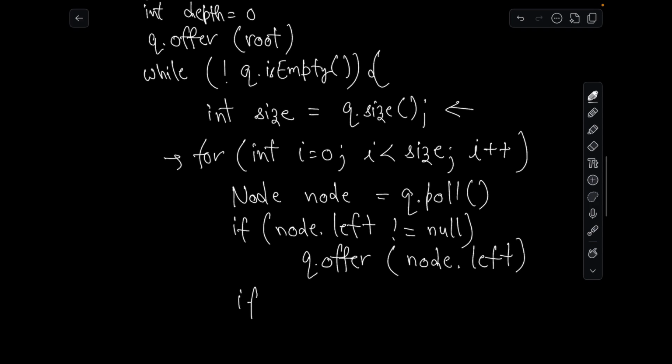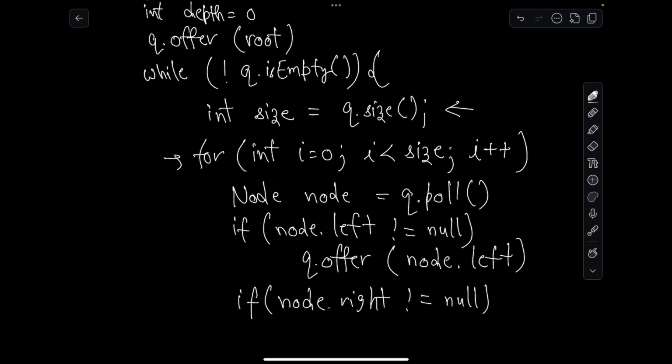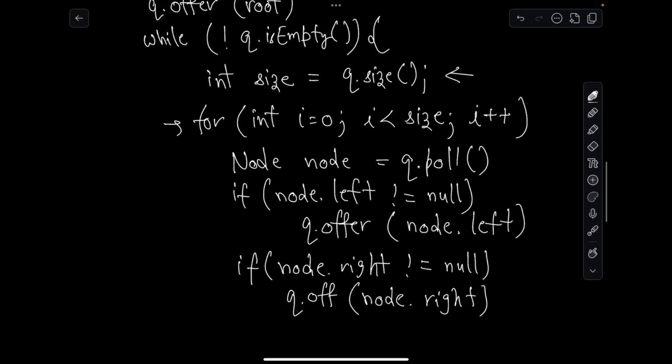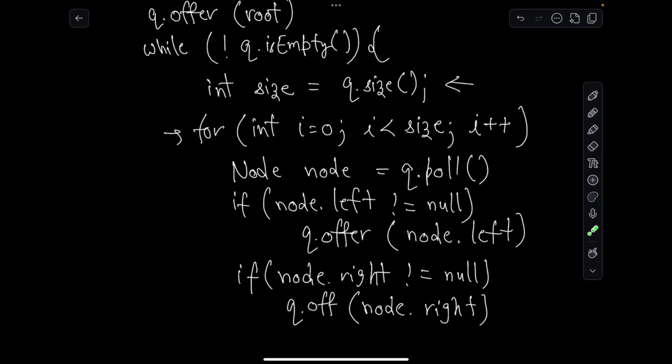Similarly, if the right child of this node is not equal to null, then you have to add the right child of this node to the queue. Now you will see here, I am adding the right child and the left child to my queue.